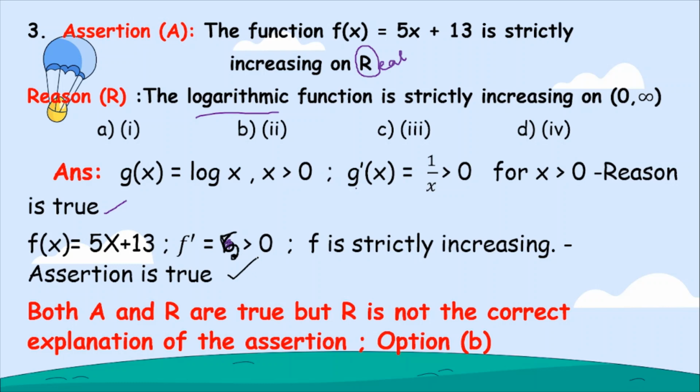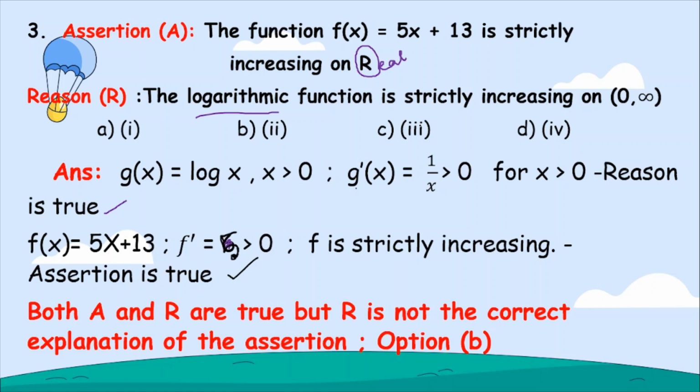Now check the connectivity. Assertion is talking about a linear function which is increasing. Reason is talking about a logarithmic function. Both are different functions. Though they are strictly increasing functions, there is no connection between the linear function and the logarithmic function.